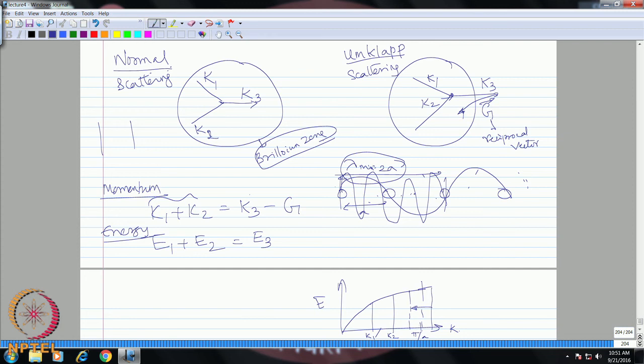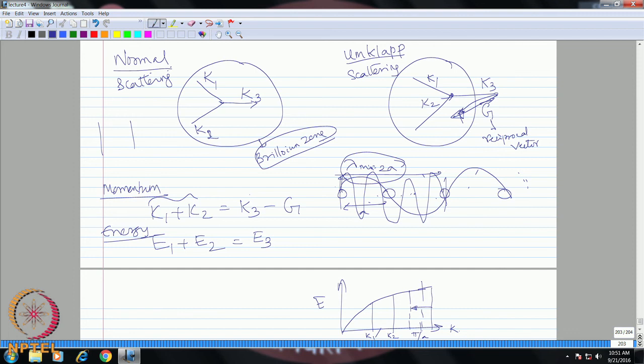This marks the edge of the Brillouin zone, right. So, in fact, if you take the normal scattering, the momentum is perfectly conserved and there is no problem. Now, in the Umklapp scattering, this is where the reciprocal lattice vector is used, because now this poses a resistance to the momentum.